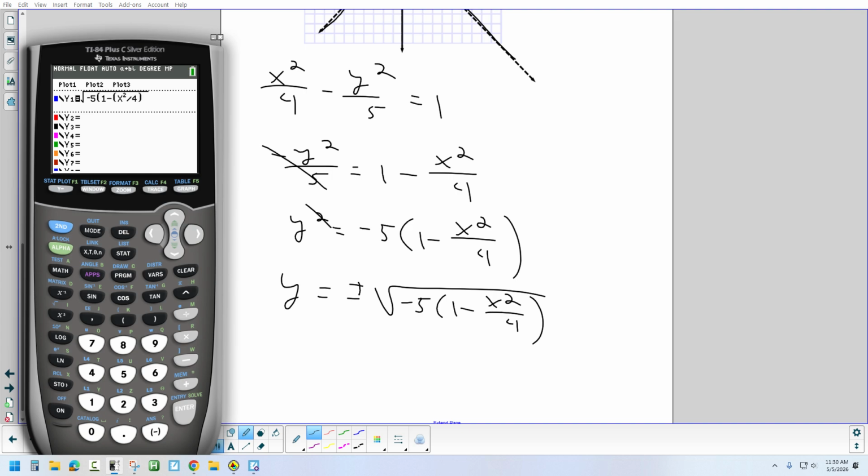Close parenthesis for my fraction, and close it for my distributive property with the -5. I think I got everything typed in right. We're going to find out. And then I need the negative of that, so I'm just going to use the negative of the function, and then I don't have to retype the whole thing. That's it. So let's do zoom 6.